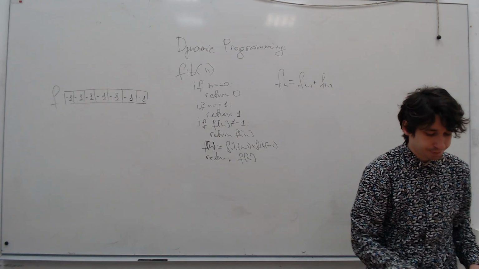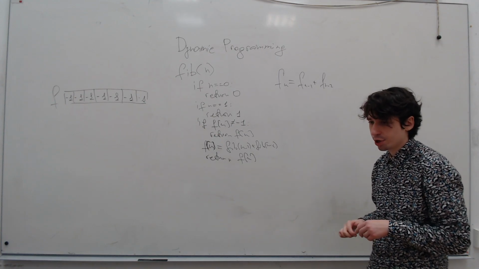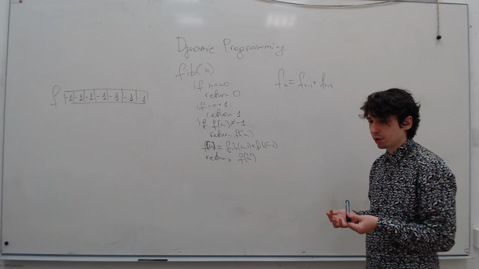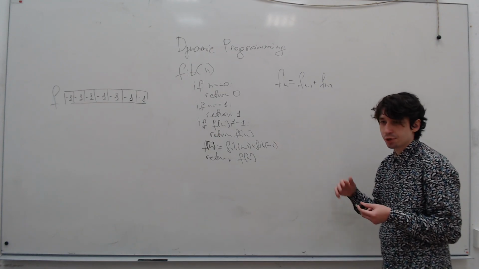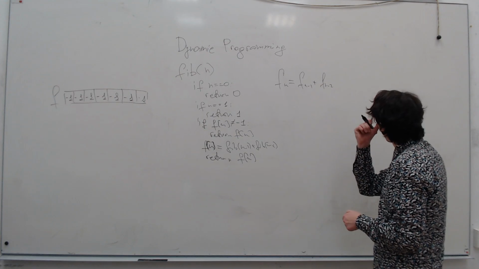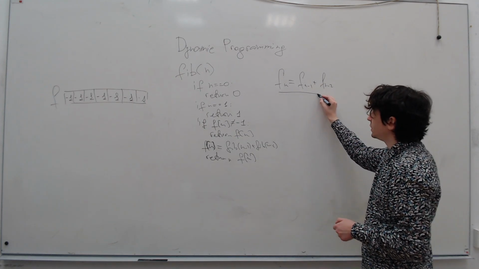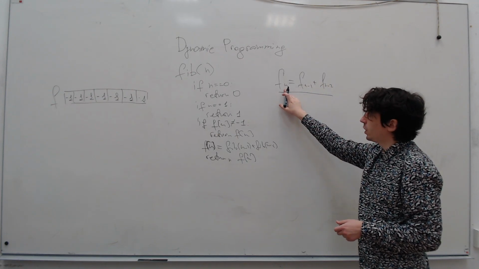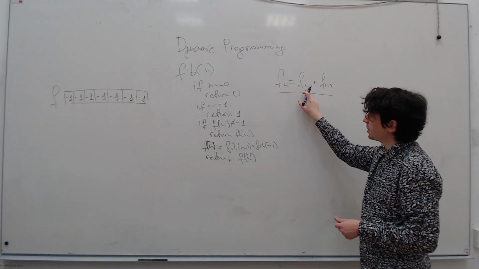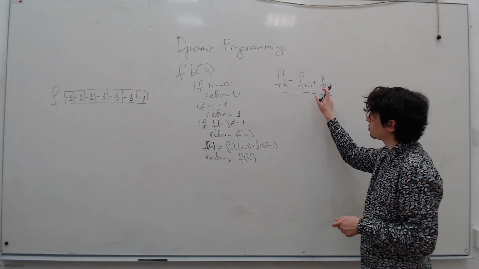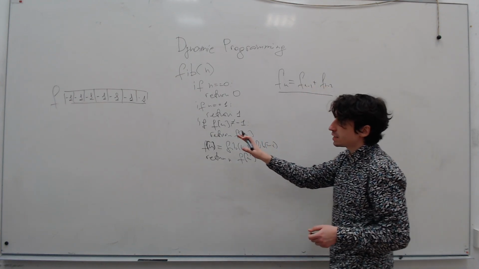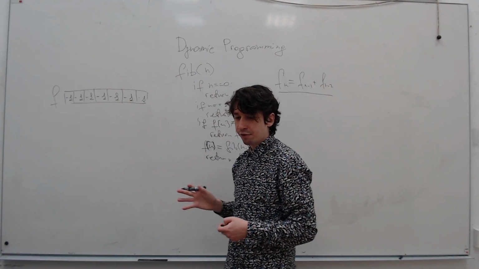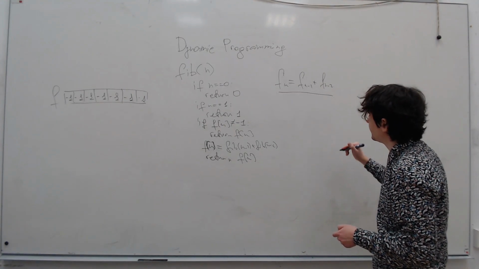You can use this approach with recursion, but recursion itself gives some overhead for the computation, so it will be about 2 times slower than the following algorithm. If we call n, then we simply get an answer from n minus 1 and n minus 2. So we can simply go from left to right and calculate the Fibonacci numbers that we need.